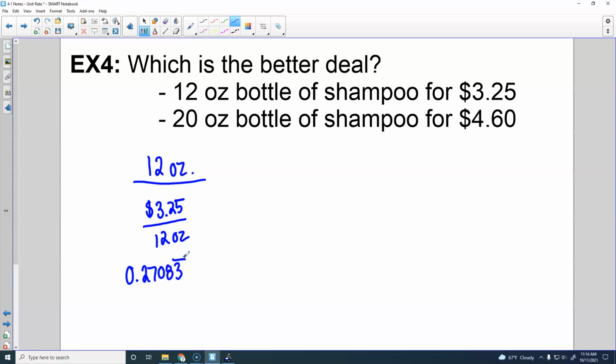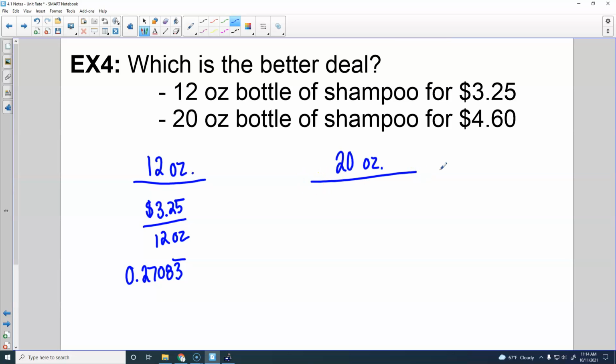I don't want you to round it because sometimes the difference is out there in the, like, zeros way out far. So, like, if you round this to 0.27, the other one might also round to 0.27, but they're not actually the same. So I want you to keep a lot of decimal places whenever you're doing this comparison. If it's just giving me the unit rate, you can round it to 2 decimal places since it's money. But for comparisons, you got to keep the whole decimal.